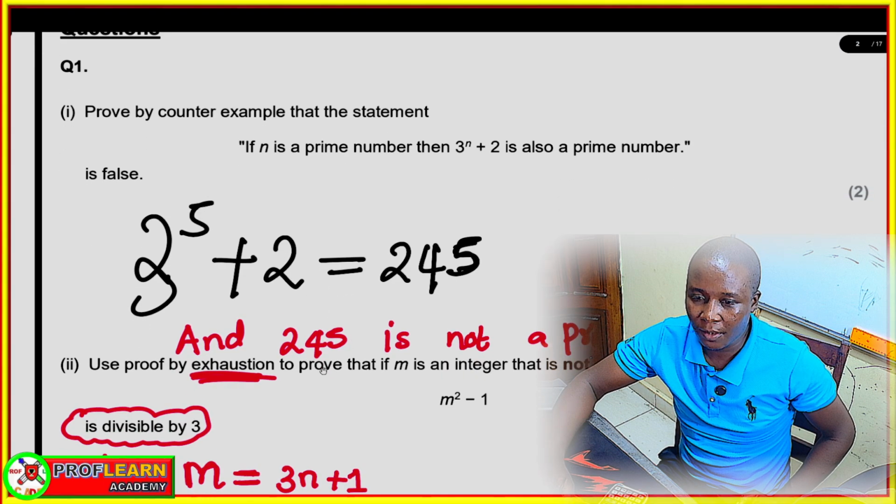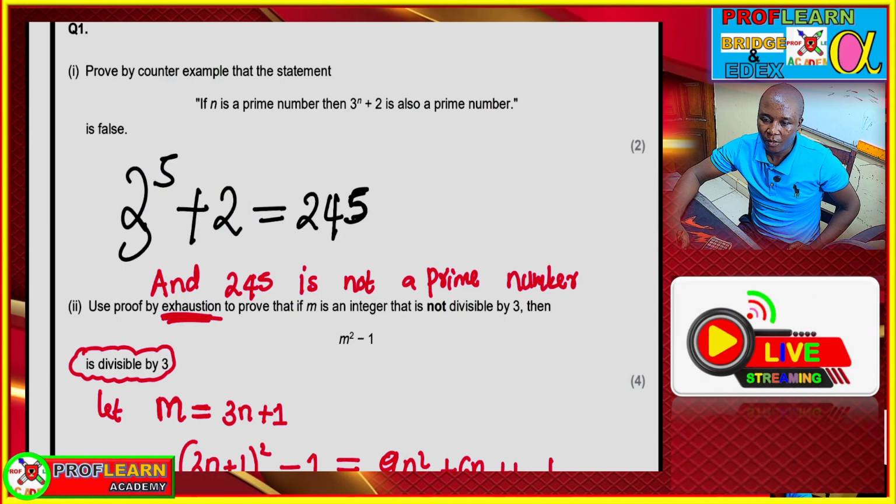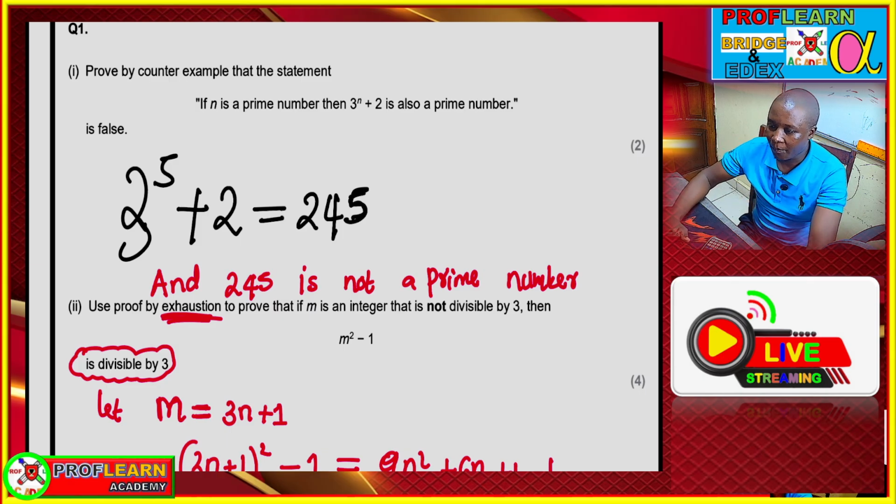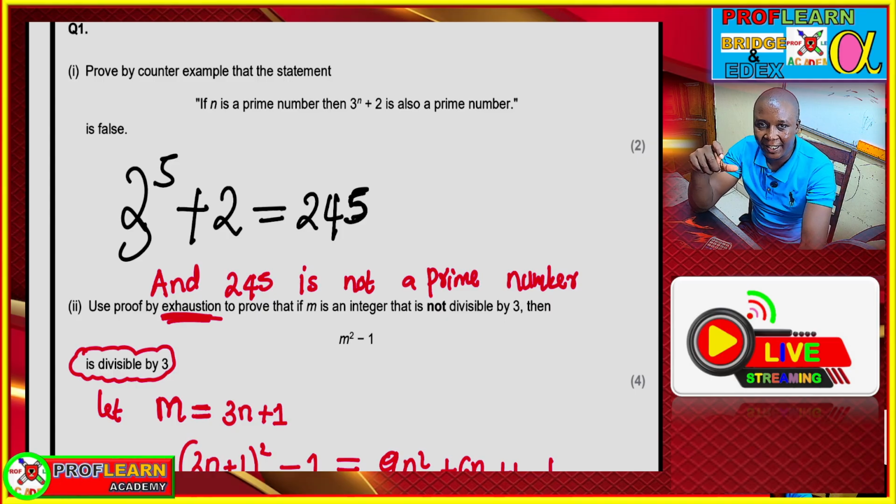In this particular exam question, students were told to prove by counter example that if n is a prime number, then 3 raised to power n plus 2 is also a prime number.